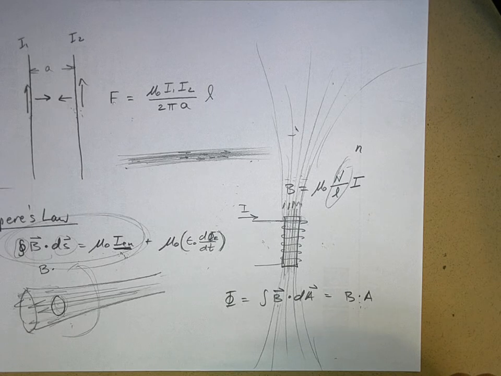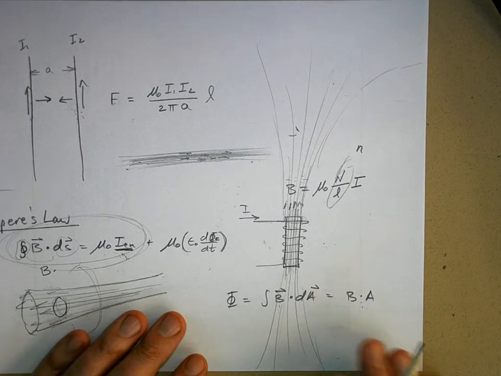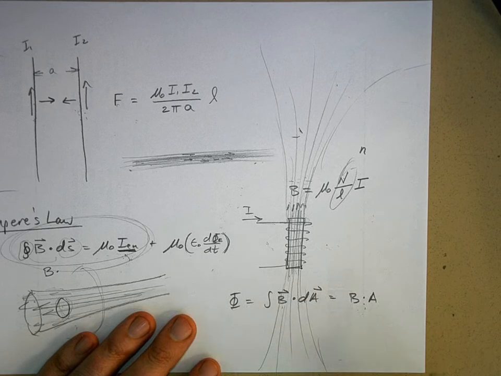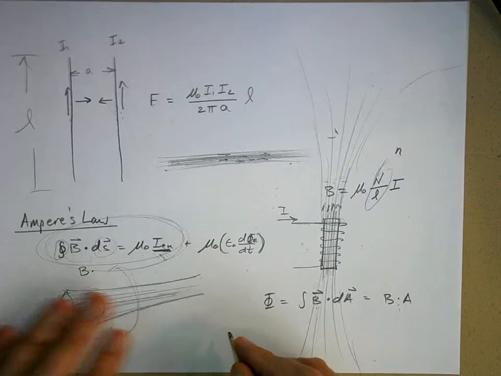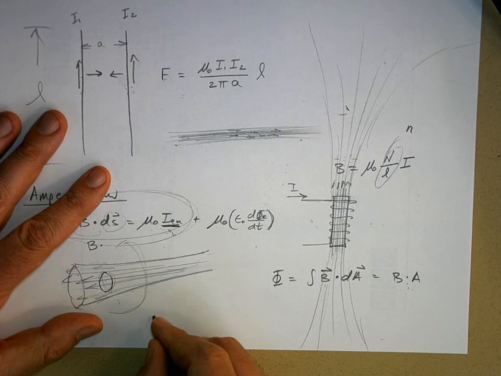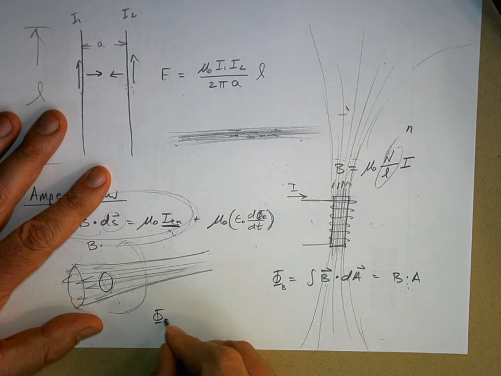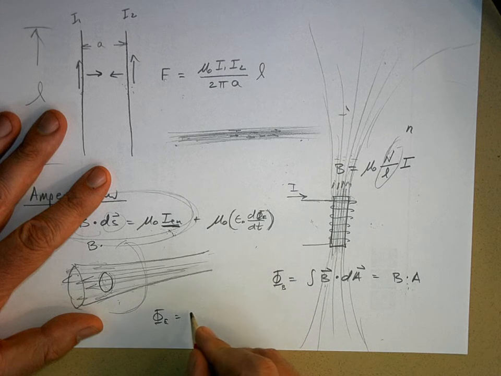Now remember, magnetic field lines always come in loops, and that gets us to the last idea I'm going to talk about in the review, Gauss's law for magnetic fields. Remember, for electric fields, the electric flux is equal to the integral of E dot dA.